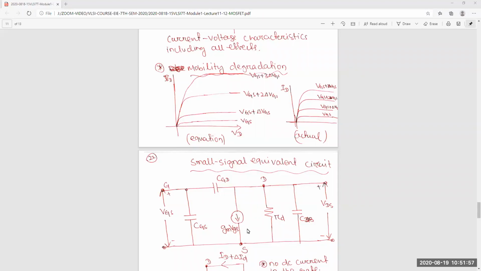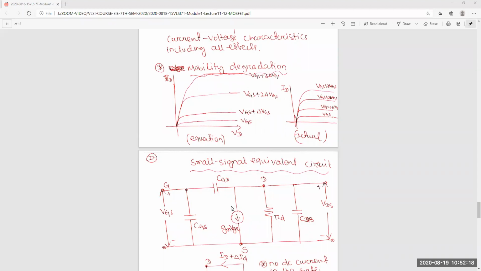So the first thing is the current source, and this current source is generated due to some VGS.